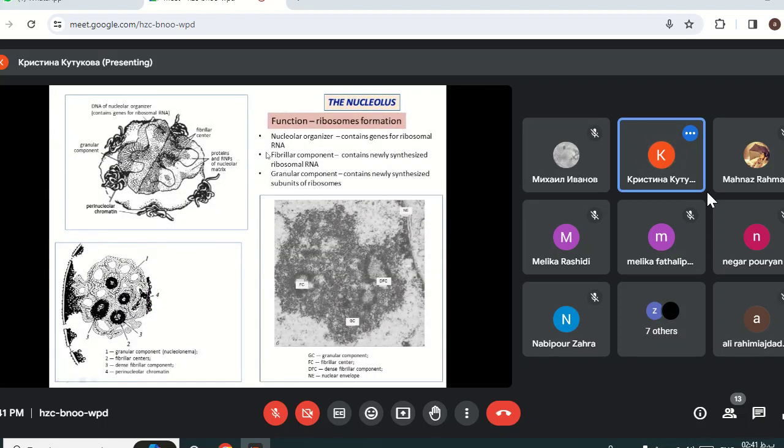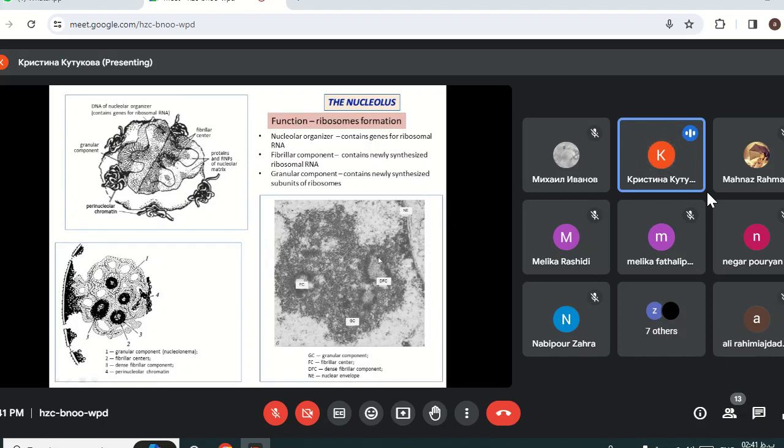Nucleolus. Nucleolus function is production of ribosomes. So all the ribosomes of the cell are actually produced inside the nucleolus. And nucleolus has three components. First, amorphous or nuclear organizer. It is a more lightly looking area. It contains DNA with genes encoding ribosomal RNA.